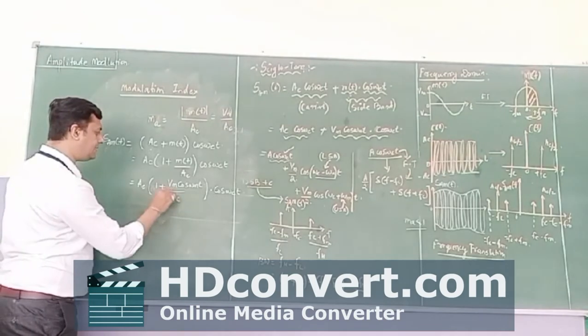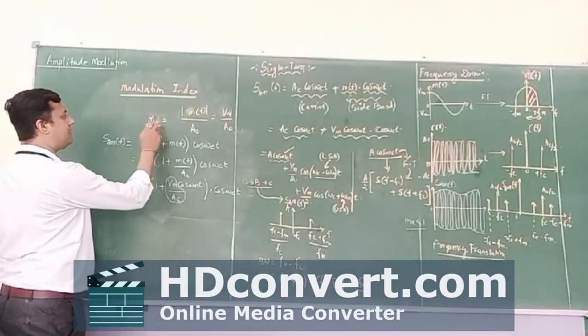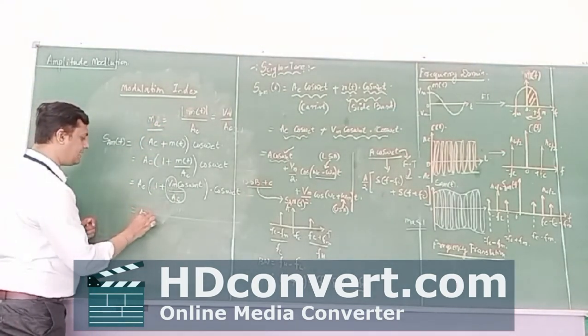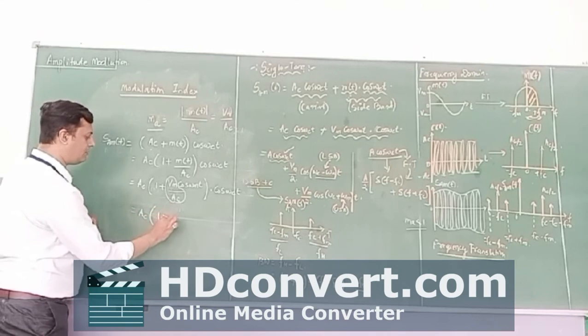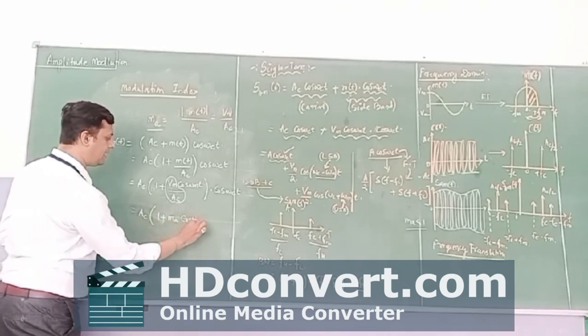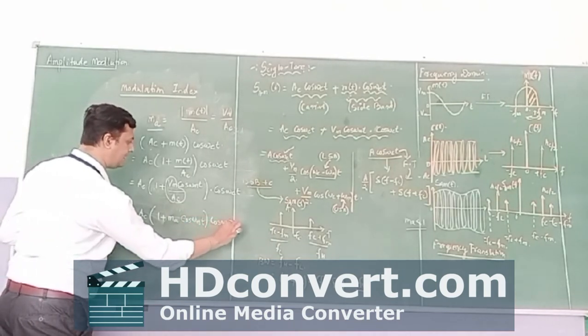Now what is this? Vm divided by AC is nothing but the modulation index. So here I can write AC whole into 1 plus Ma cos omega mt whole into cos omega ct.